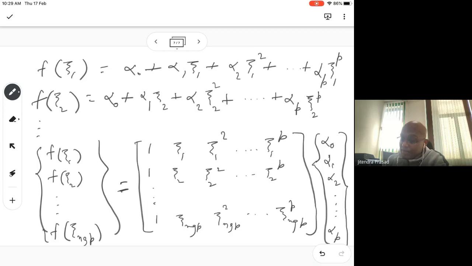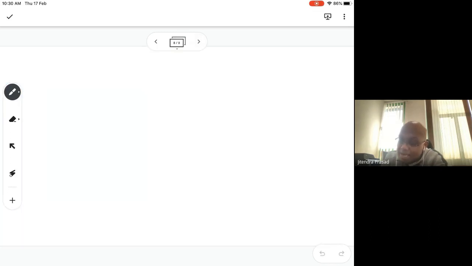Okay, so let's call this matrix M and this vector alpha. So what we get is f equal to M alpha, right? The integration we earlier calculated equals the weight transpose times the function, so it is weight transpose times M alpha.